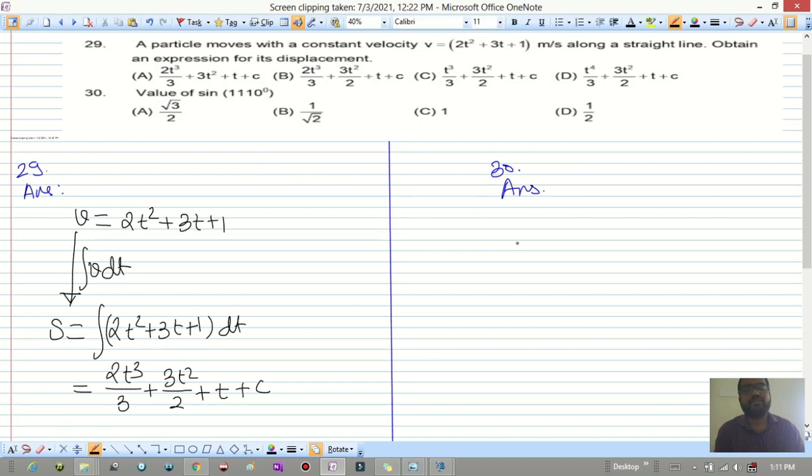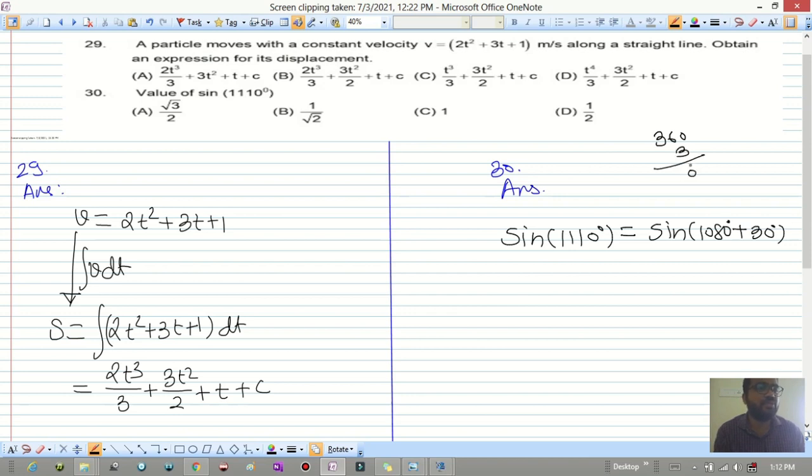So in this 30th question, as you can see, this is given sine of 1110 degree. Then we have to calculate what is the value of this. So we know that sine of 1080 degree plus 30 degree is this, isn't it? Now 1080 will come on which line? 360 degree into 3 times will become 1080, as you can see.